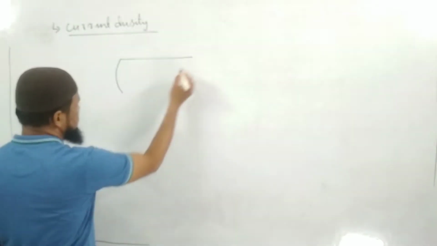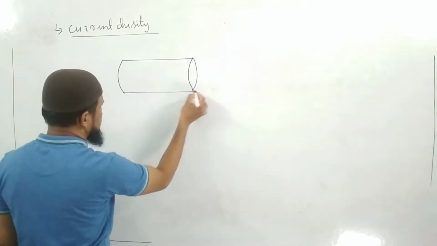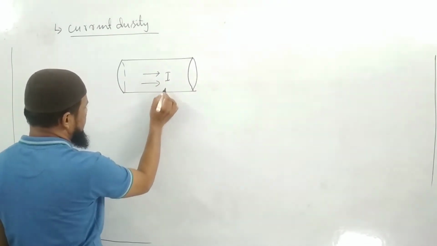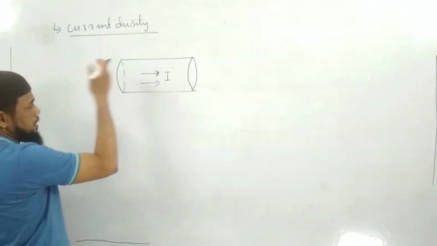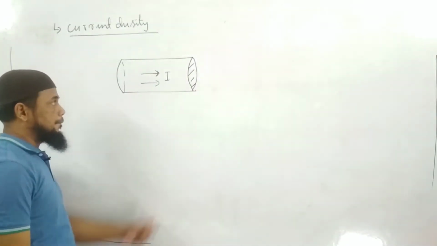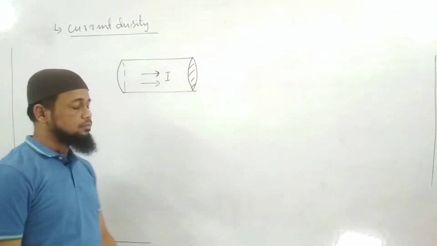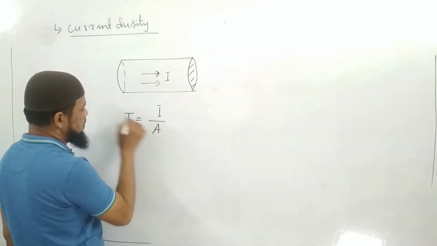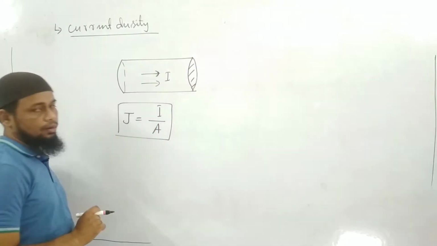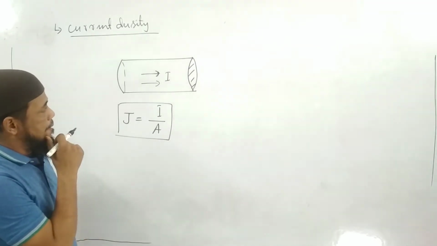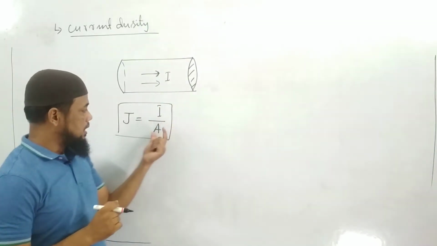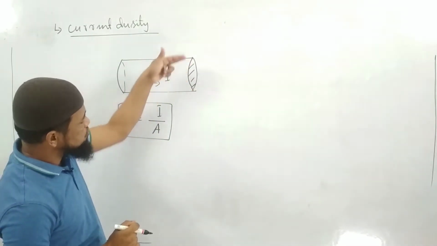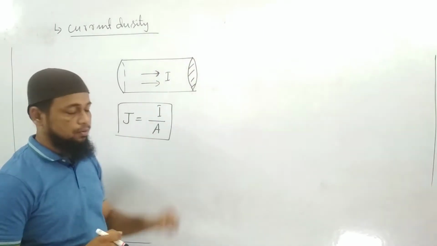If we're using a conductor, then through this conductor a uniform current I flows, and suppose this conductor has uniform cross-sectional area, then we defined current density as current per unit area. This relation is correct in the situation when the current through the cross section is uniform.